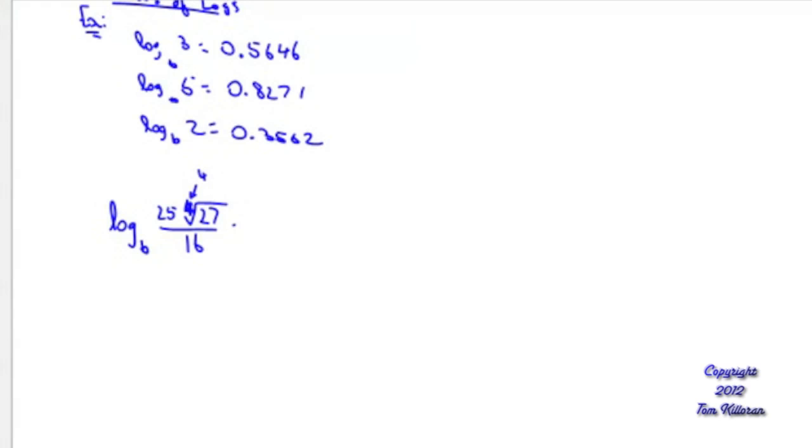So I can rewrite this as log base b of 5 squared, the 4th root of 3 cubed over 2 to the 4th. That might help. All right. I don't like this 4th root of 3 cubed. What's another way of writing that? What can you do with a 4th root and change it to an exponent? You don't remember?